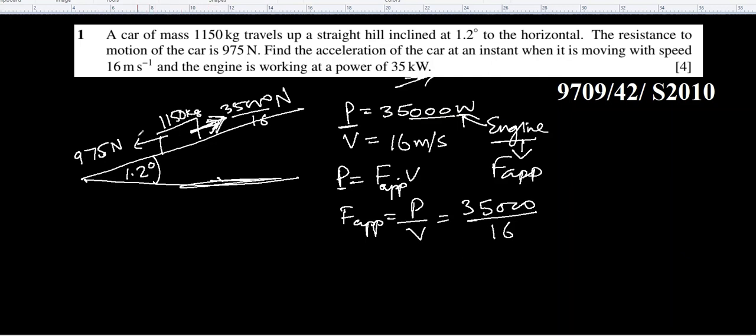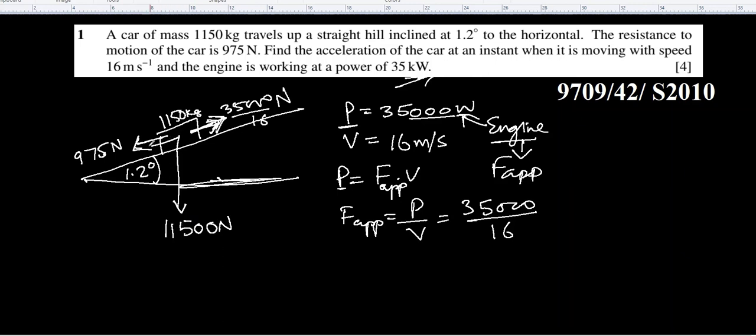So now this is the resistance, this is the effort. Is there any other force? Yes, there is a force from the weight of the car. The weight of the car is 1150 times 10 newtons, Mg.